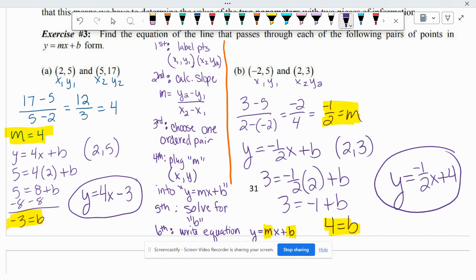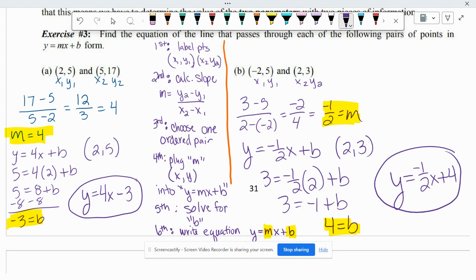So remember, guys and gals, once you figure out your slope and your y-intercept, you're writing the equation y equals m, whatever your m is, times x plus b. You're not putting your ordered pair points in. You're using the variables y and x. You're just replacing the m and the b.